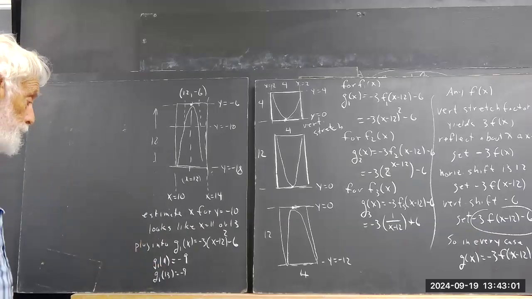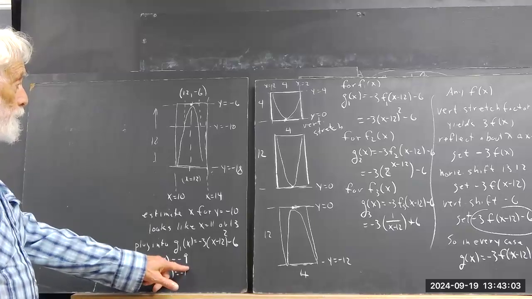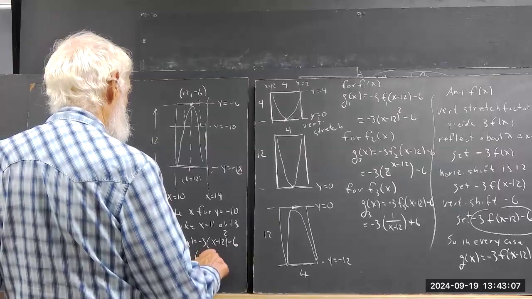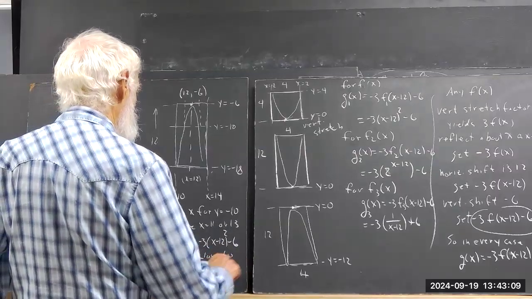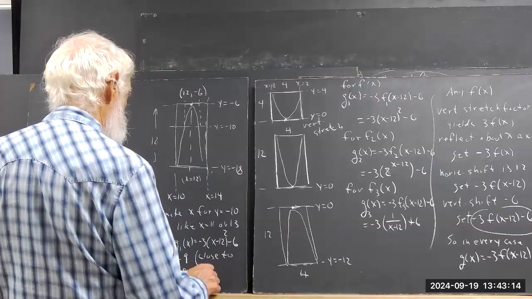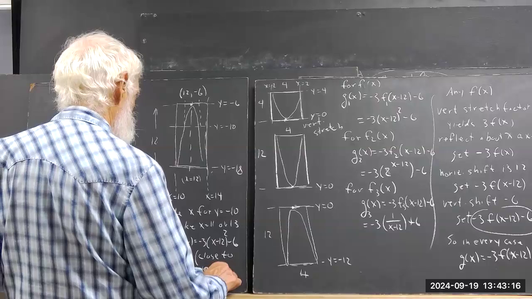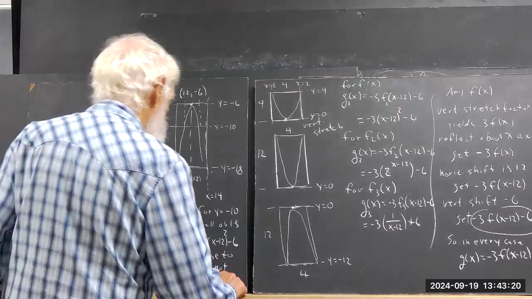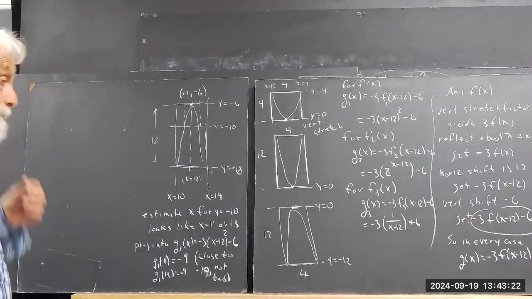But if the numbers are easy, you can do it. So that's close to -10. That's not bad for this.